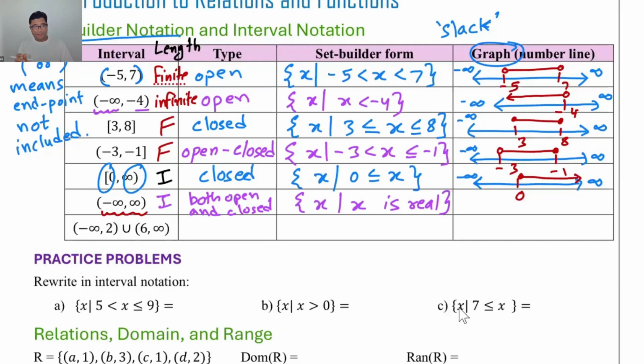So in set builder, you don't always have to do mathematical. Sometimes you can just explain it briefly in one phrase. And what about the number line notation? It is all of them. So this time I'm just going to draw the number line. That's my interval.